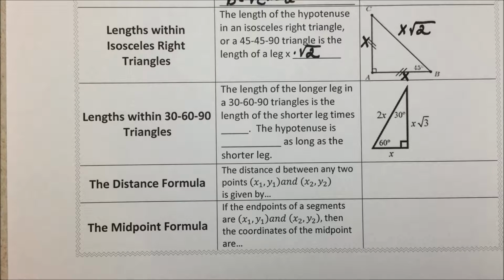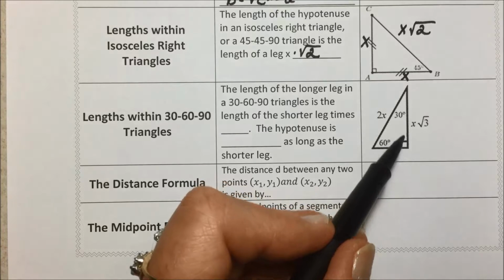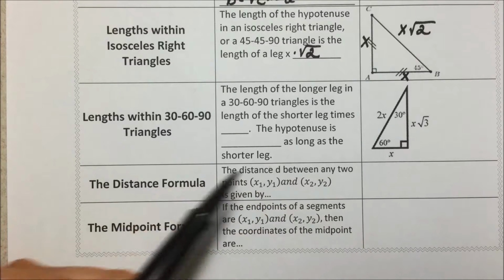A second special triangle is known as a 30-60-90-degree triangle, so named because of the measures of its angles.